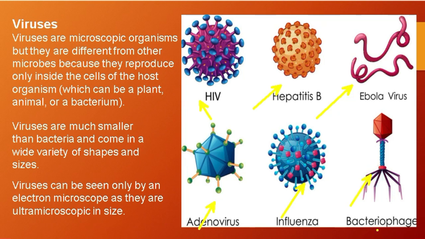As you can see, these are all of different shapes and different sizes. Viruses are much smaller than bacteria, so they can be seen only under an electron microscope because they are ultra microscopic in size. Now moving on towards the next slide.